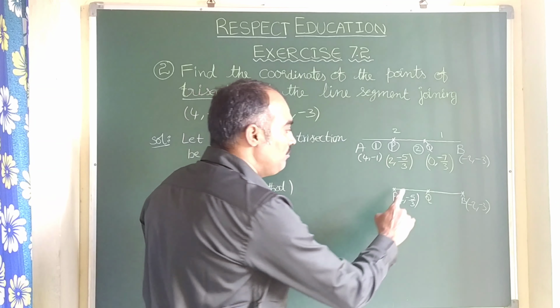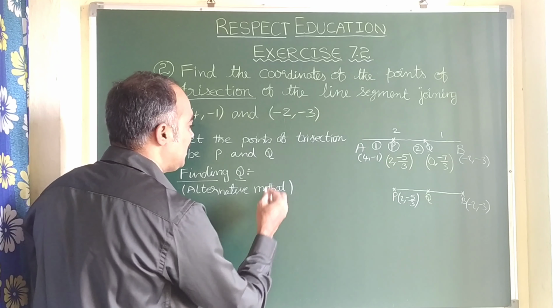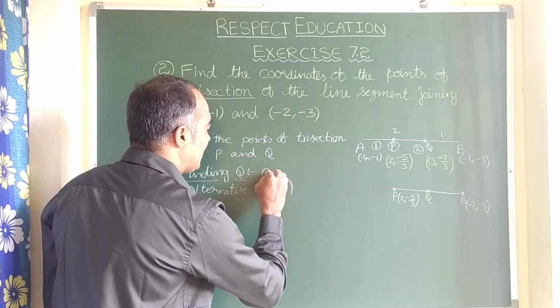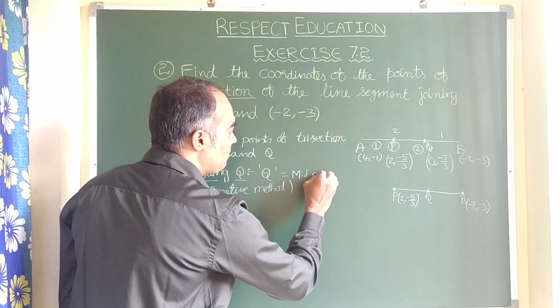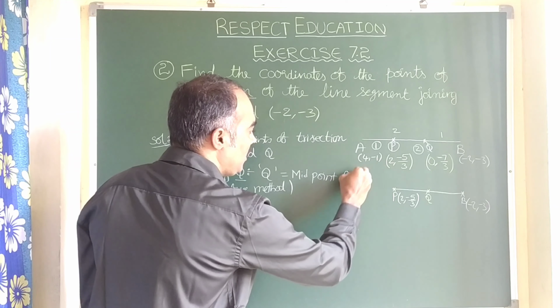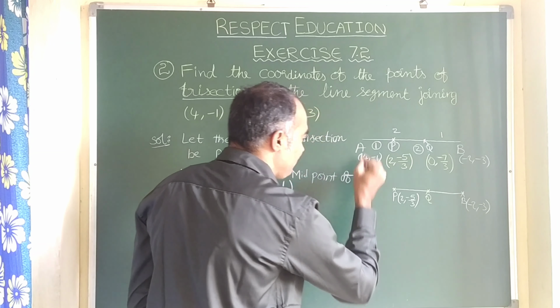Is it clear? Q is the midpoint of PB. So in the alternate method we can use that point. So clearly Q is the midpoint of the line segment PB.